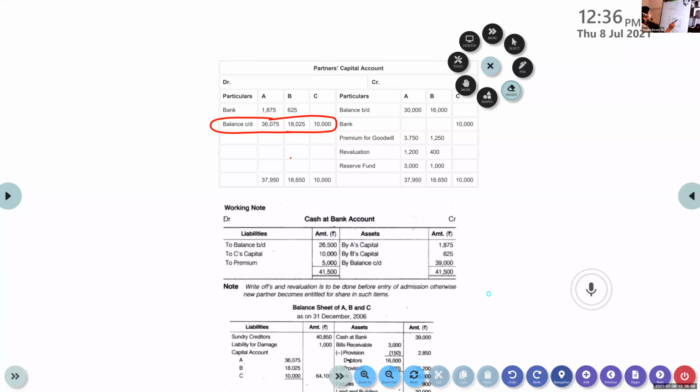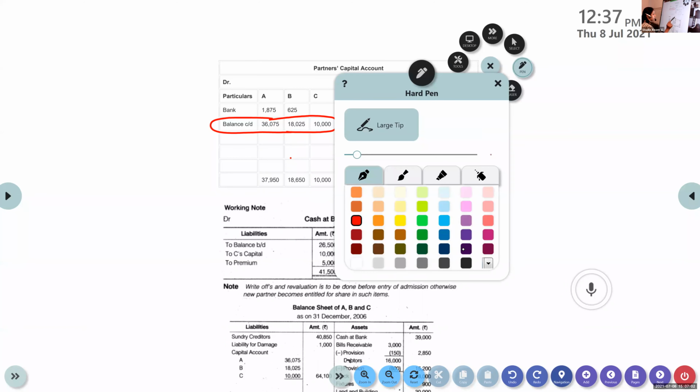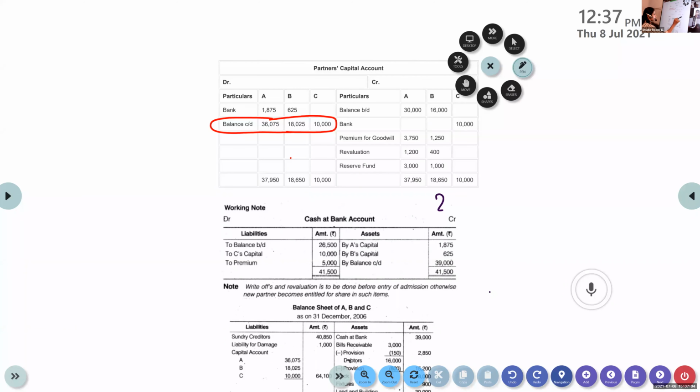So this can be done this way also. You can just write it in equation form. 26,500 old balance plus 10,000 plus 5,000 is 41,500, minus 2,500, the withdrawal made.